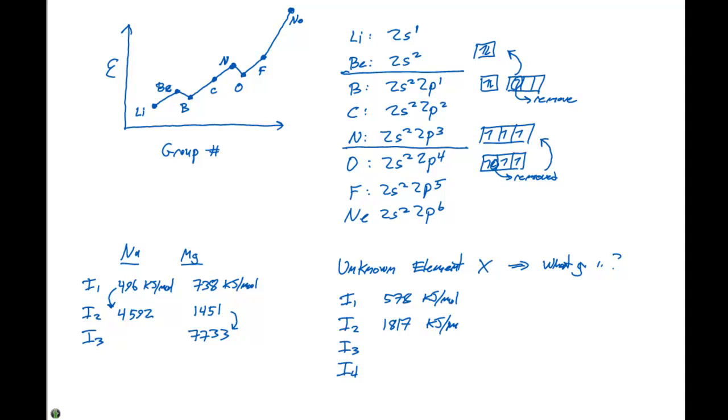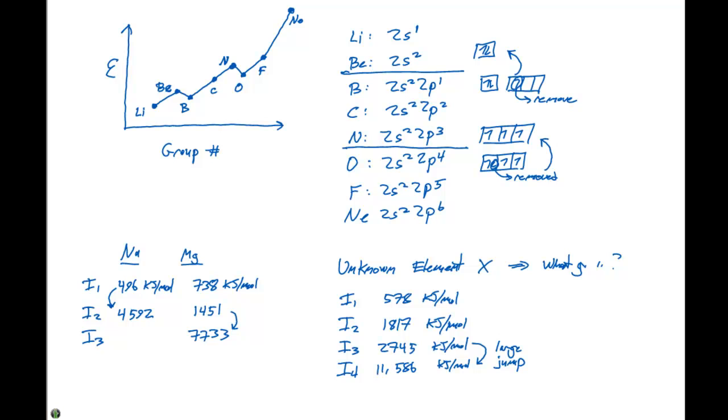The second is 1817 kilojoules per mole. The third is 2745 kilojoules per mole. And the fourth ionization energy is 11,586 kilojoules per mole. So the large jump in ionization energy that we see is from 3 to 4.